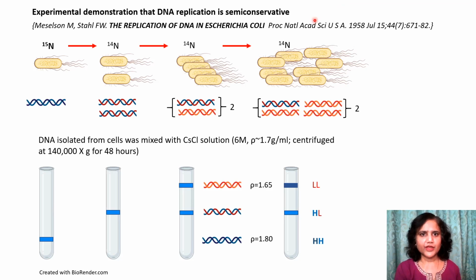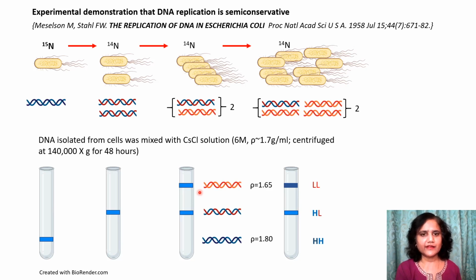Because as we already discussed, if it was dispersive, then although in the first cycle it may look similar to semi-conservative, in the second cycle the light would not appear immediately, but we would observe an intermediate band between the heavy-light and the light. And likewise in the third and so on. And fully light in that case would be formed only after many generations.